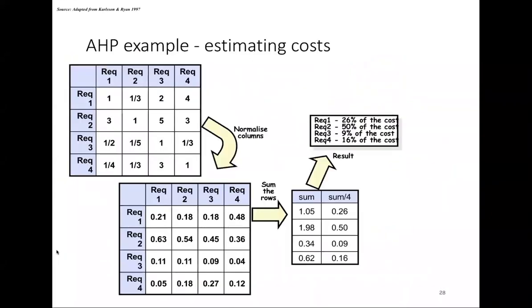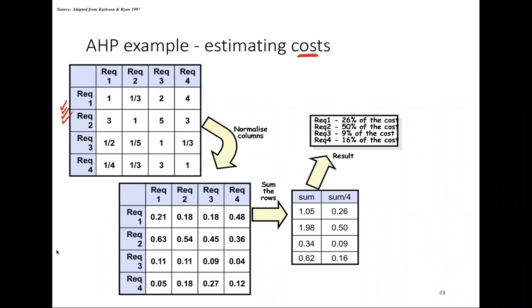So let's take a running example and see how this could be used to estimate the cost. A similar technique is applied for the value, as long as this matrix is easily defined.